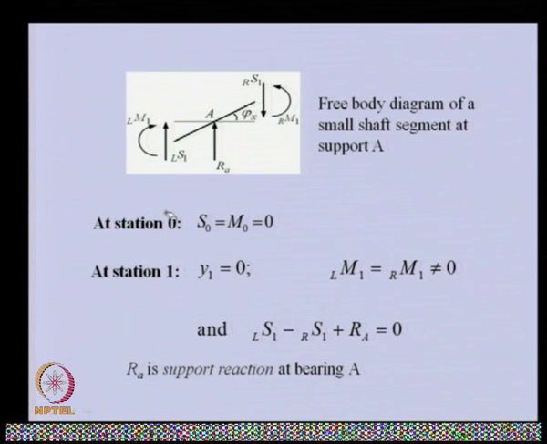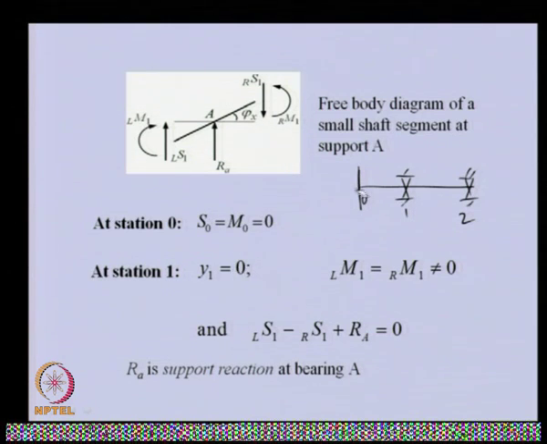At station 0, which is a free end, we expect that the shear force and bending moment will be 0, because we have a rotor system like this. Here one intermediate support is there, here one support is there. This is station 0, 1, 2. So at station 0 we have the free end condition, so shear force and bending moment will be 0.